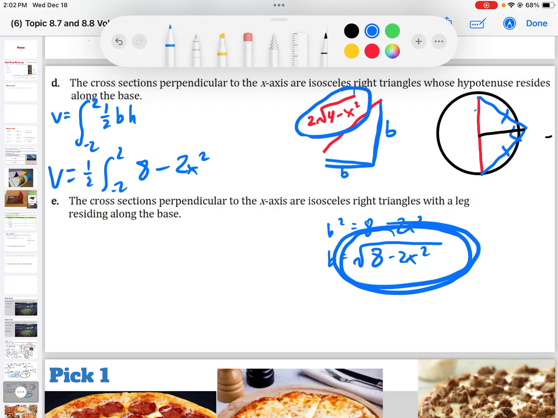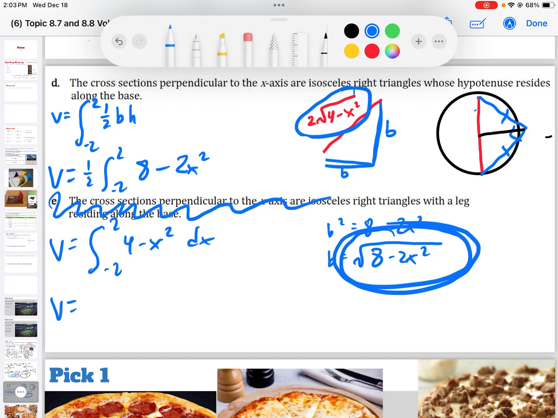If I factor out a 2, the 1/2 and the 2 would cancel, so I just have the integral from negative 2 to 2 of 4 minus x squared dx. Volume is equal to 4x minus 1/3 x cubed, evaluated from negative 2 to 2. And if I plugged in and solved that, I should get 32 over 3.